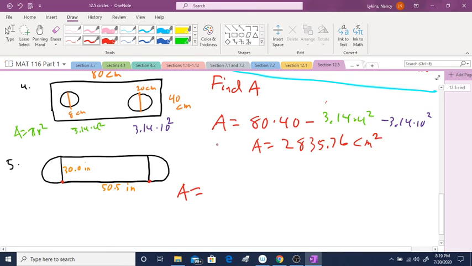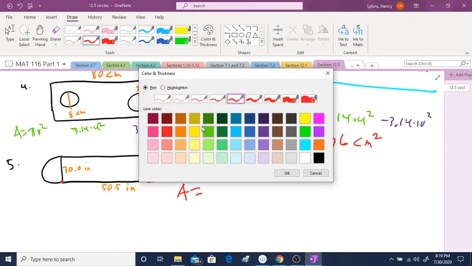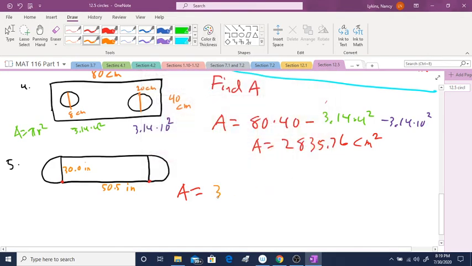Okay, to find the area, the first thing we need to do is take the 30.0 times 50.5, and then we need to add it to both these semicircles.